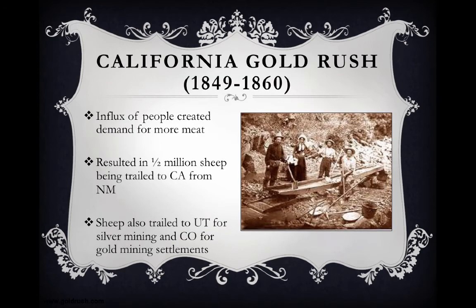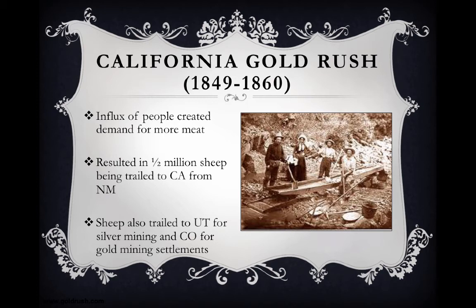And then 1849 happened, and they found gold at Sutter's Fort in Sacramento. So the discovery of gold really created a huge rush of individuals to come to the West. And as those people came to the West, there was a demand for more meat to feed the gold mining crews and all the families that were moving this way.